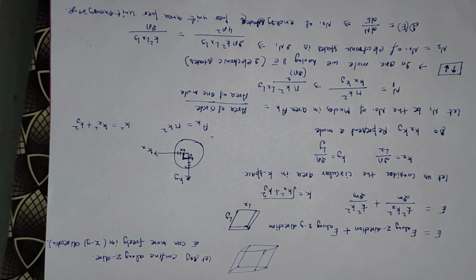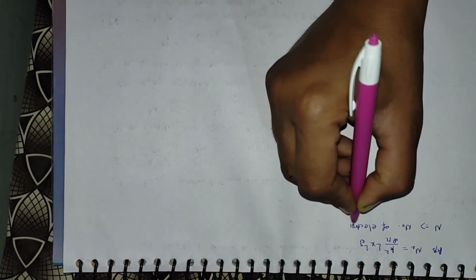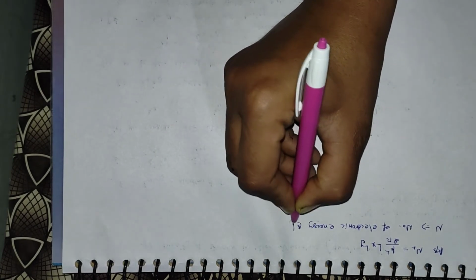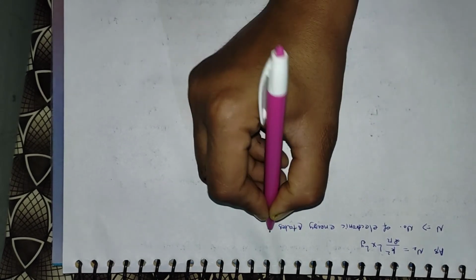So we have to find out D(E), as N2 is k² Lx Ly over 2π, and N is the number of electronic energy states per unit area.